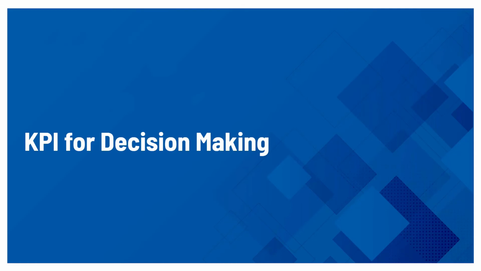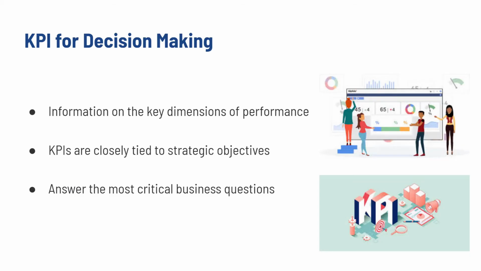KPI as a decision-making tool. Effective decision makers understand that they need information on the key dimensions of performance and that this can be achieved by distilling them into the vital KPIs. Similar to the way a doctor would go about trying to understand someone's health, instead of measuring random things, a doctor would focus on key health measures first.